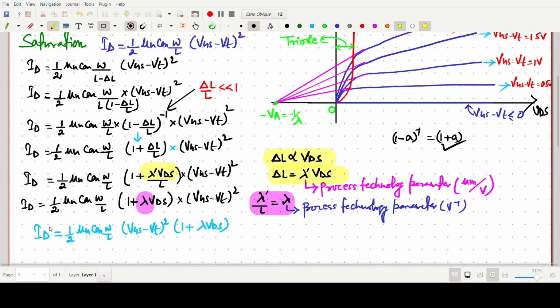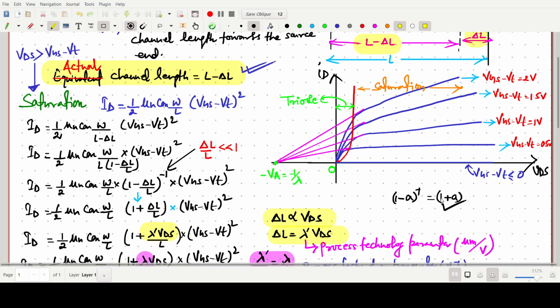So this one is the main and very famous equation for the drain current in saturation when we are considering channel length modulation, and this lambda is a process technology parameter with this unit. Okay, so basically this is a very early effect kind of thing.